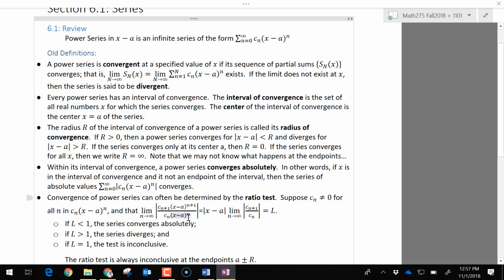That ratio tells you what's happening to the series. You take the limit as n goes to infinity, and there are three possibilities. If that limit is less than 1, then it converges absolutely. If it's bigger than 1, then it diverges. And if it's equal to 1, we don't have a specific conclusion.